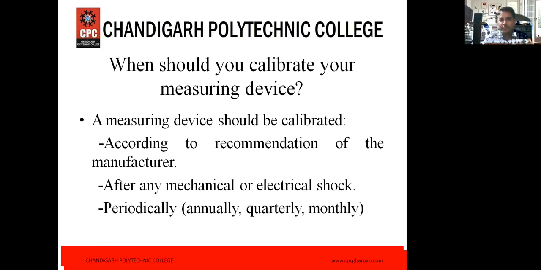When should you calibrate your measuring device? A measuring device should be calibrated according to the recommendation of the manufacturer, after any mechanical or electrical shock, and periodically: annually, quarterly, or monthly.